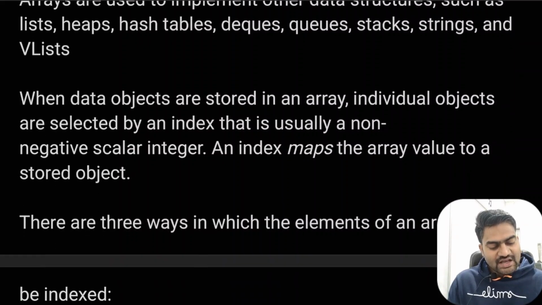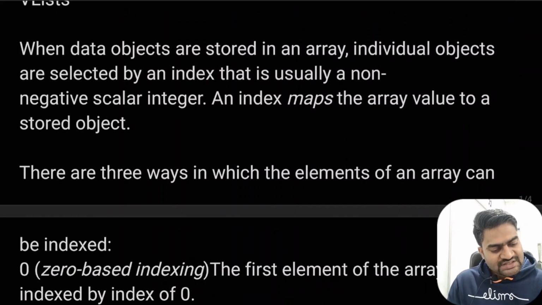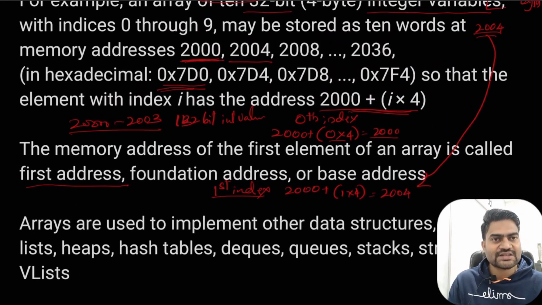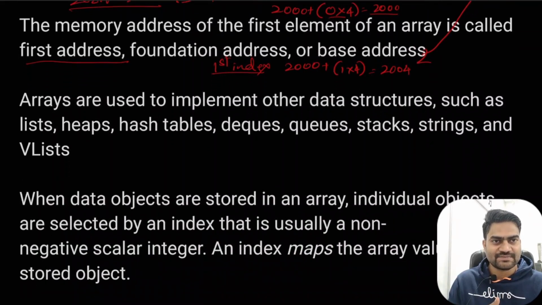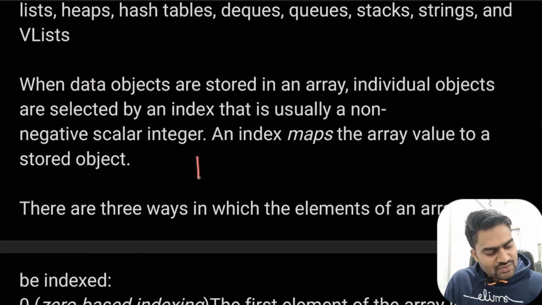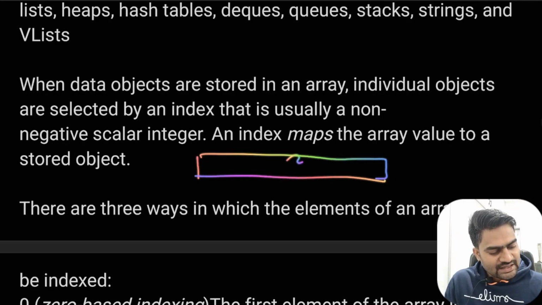Okay. Now, when the data objects are stored in an array, we use these address locations and we store the data. If you are trying to create an array, it will store the values somewhere like this.